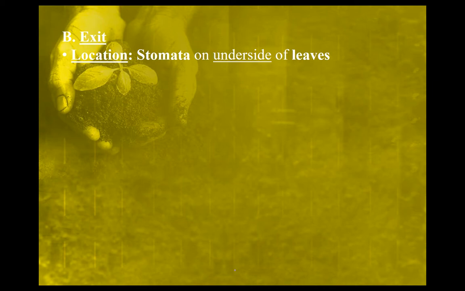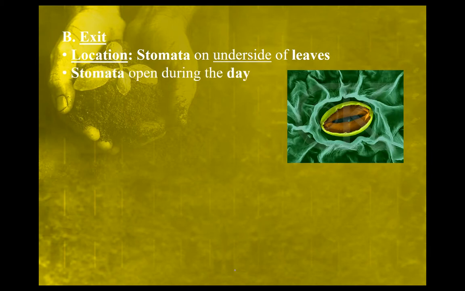Exit. So how does the water leave the plant? The water leaves the plant at the leaves, specifically on the underside of the leaves, through a part of the plant that is called the stomata. What is a stomata? It's just a little opening. If you look at the illustration that we have here, it almost looks like a mouth.